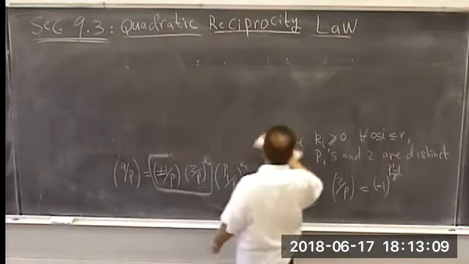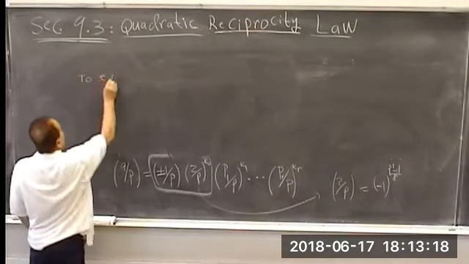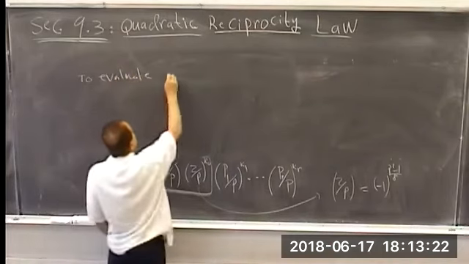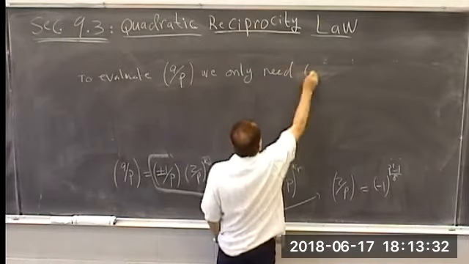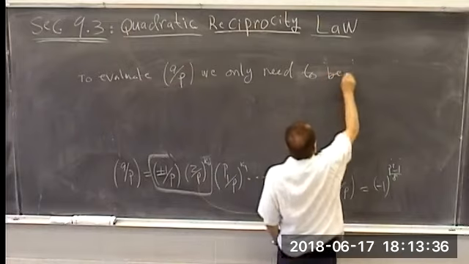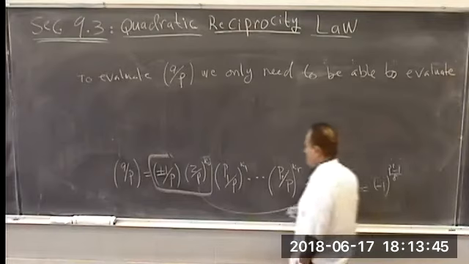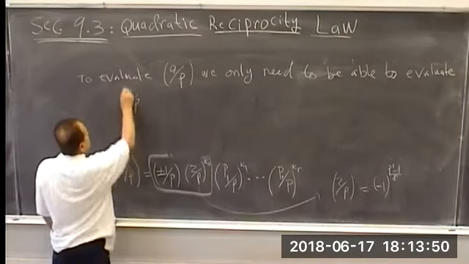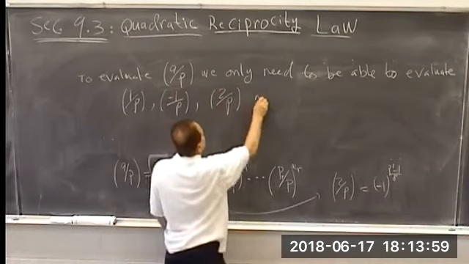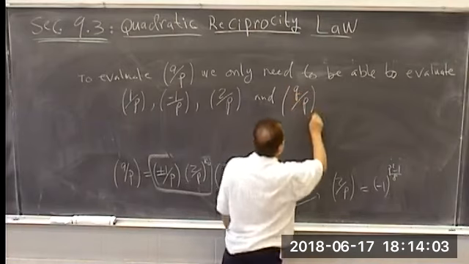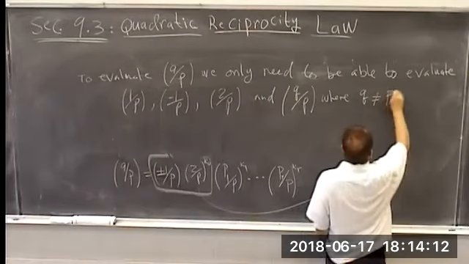The problem of evaluating (a over p): we only need to be able to evaluate (1 over p), (2 over p), and (q over p), where q does not equal p and is an odd prime.